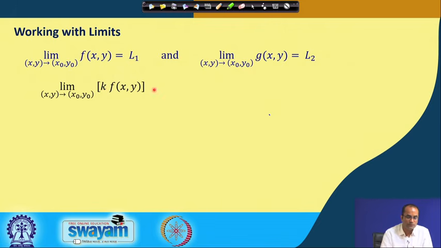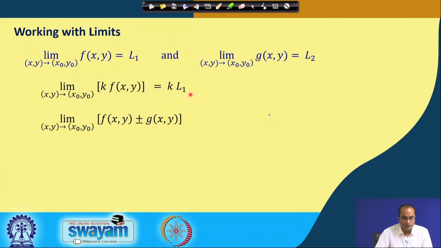So this limit will be k times L1. Again, when we add f(x,y) plus or minus g(x,y), and we have finite quantities L1 and L2, then this limit will be L1 plus or minus L2. If it is a plus there, plus will appear; if it is a minus, then minus L2 will come.